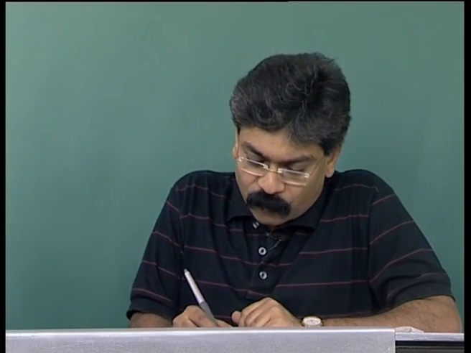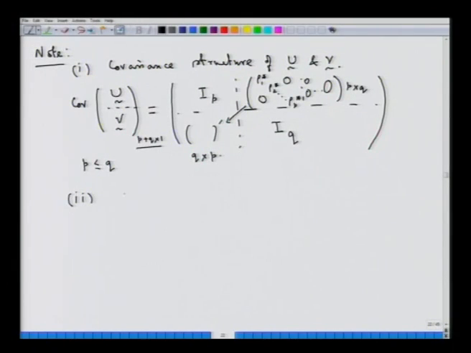In the second note, what we are going to see is the behavior of the canonical correlation coefficients under a non-singular transformation. So, what we are trying to convey is the following: we have x as the original p dimensional random vector and y as the q dimensional random vector.